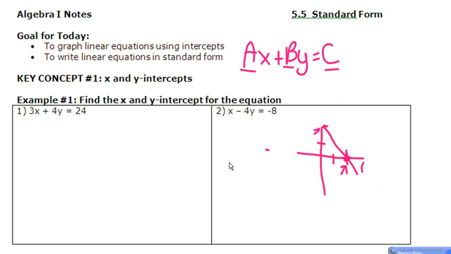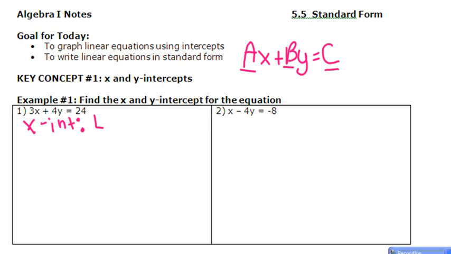If I want to figure out what an x and y intercept is for the equation, first thing I'm going to do is find the x-intercept. The way I do this is I let y equal 0. So I take my equation and rewrite it, but replace the y with 0.